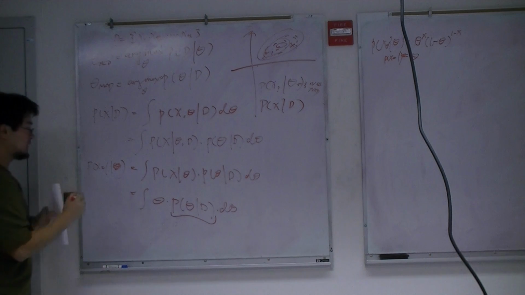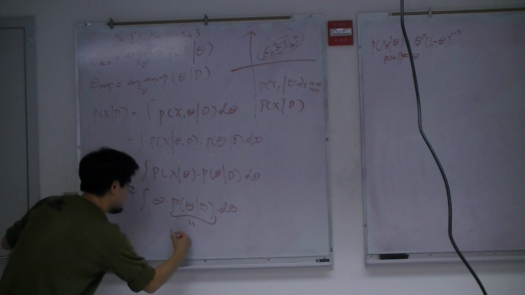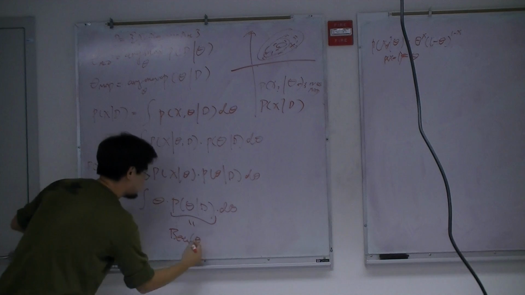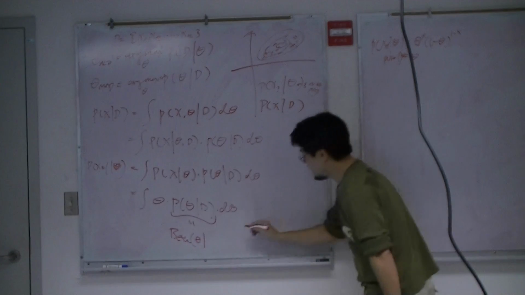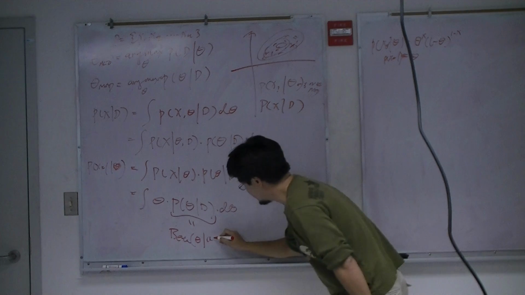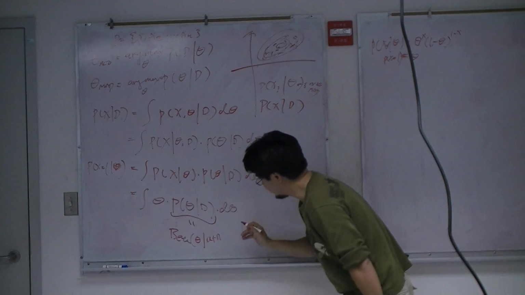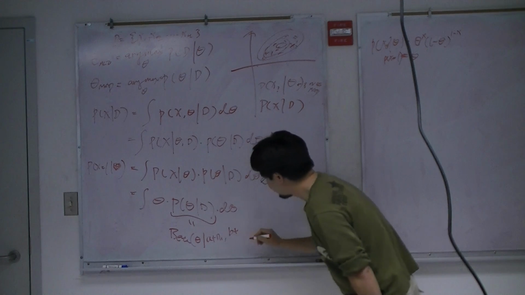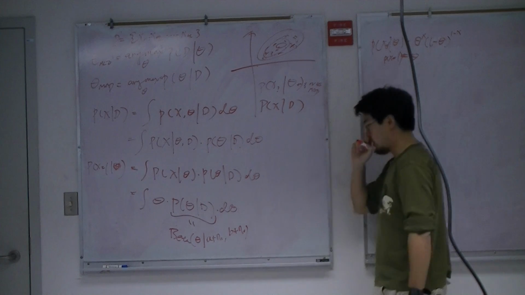As we computed last time, this term is equal to a beta distribution of theta given the parameters A and B. A here is the original A in the prior distribution plus the number of observations of heads you have, and B plus, let's say, n0, the number of tails we have.